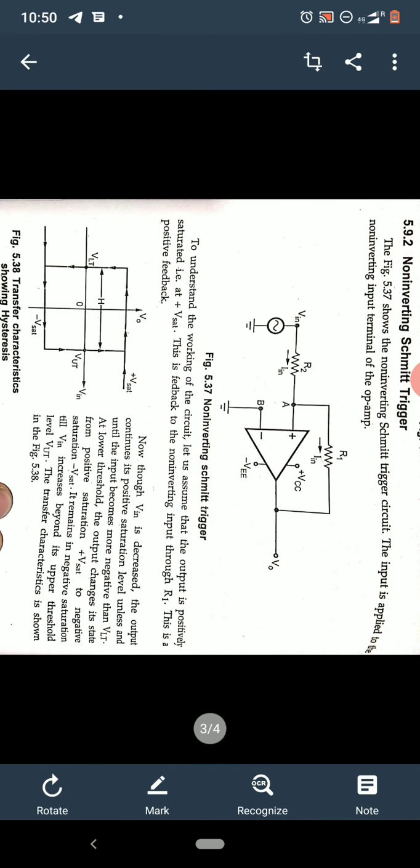I input is the current flowing through R1, because the current flowing through R2 is the same as the current flowing through R1. So I input is voltage V0 divided by resistance R1. Putting the I input value in VUT, you will get R2 by R1 into V saturation. Similarly VLT will be R2 by R1 into minus V saturation. So H will become 2 times V saturation into R2 by R1.